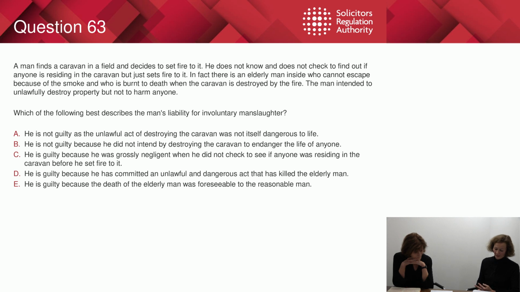As regards unlawful act manslaughter, there has to have been an unlawful act which was dangerous and which caused the death of the victim. There has been an unlawful act. The man sets fire to a caravan intending to unlawfully destroy property, but not to harm anyone. So there is criminal damage here, which is dangerous and which did result in the death of the individual, the elderly man in the caravan. So the answer D there is the correct answer.